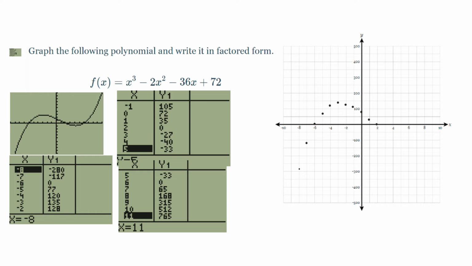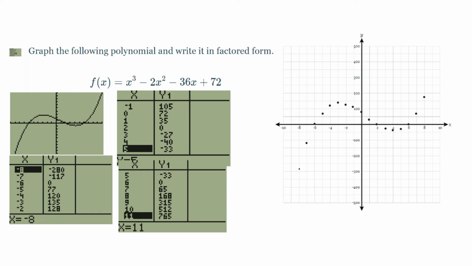2, 0. 3, -27. Almost halfway. 4, -40. It's almost on the 50 mark, but not quite. 5 is -33, coming back up. 6 is 0. 7, 65, slightly above 50. 8, 168.